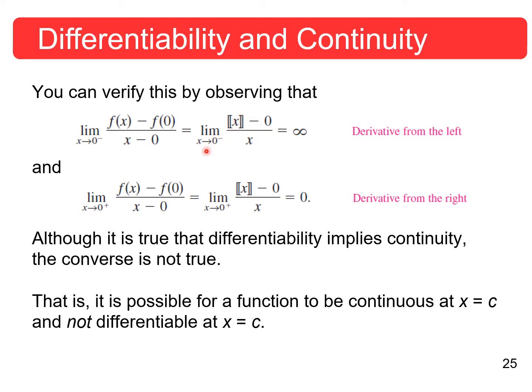So when you say limit as x approaches 0 from the left, that means x is approaching 0 coming from the values to the left of 0. And those are the negative values. So in here, when we evaluate this greatest integer function, we're actually looking at the interval from -1 to 0, where 0 is not included. So what is the greatest integer on that interval? That is equal to -1.